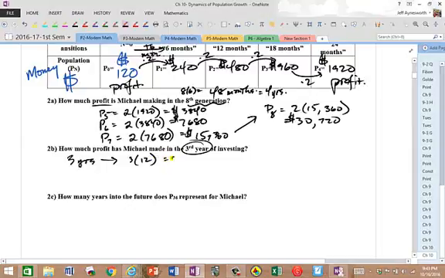Then we divide by 6 because there are 6 months per transition. So 36 divided by 6 gives you 6 transitions or time periods. Every 6 months there is a time period. So there's 2 time periods per year, and if there's 3 years, there's 6 time periods.